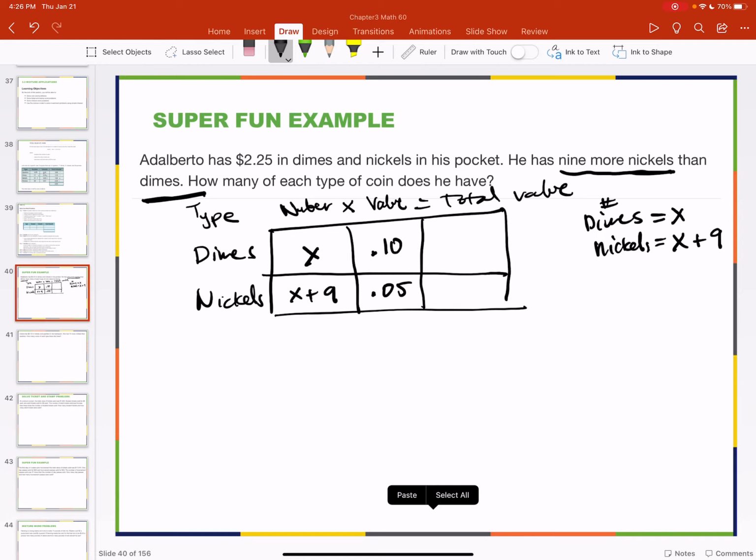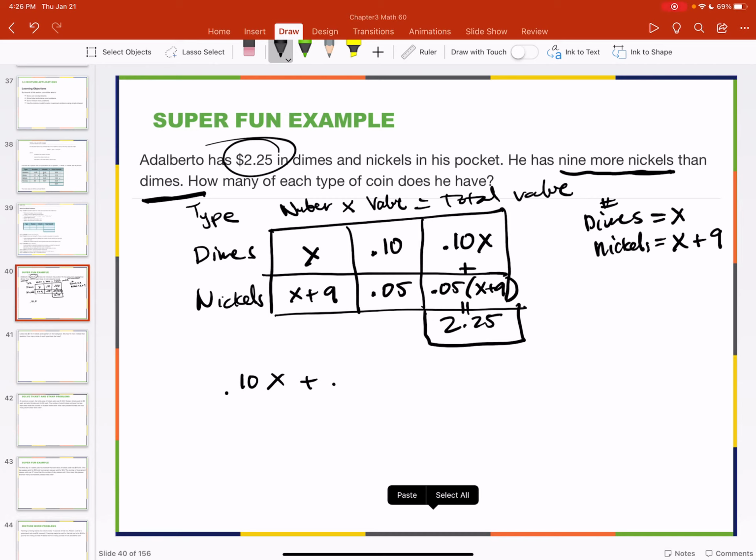Then we multiply across: 0.10x for the dimes, and 0.05 times the quantity x plus 9 for the nickels. The total value is given in the problem, $2.25. So 0.10x plus 0.05 times the quantity x plus 9 is equal to $2.25.